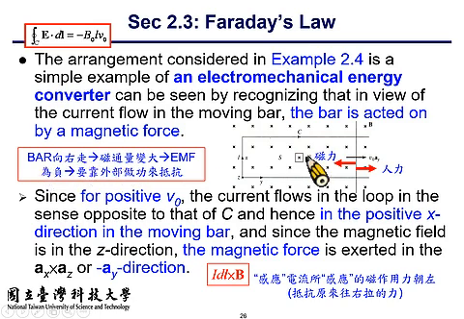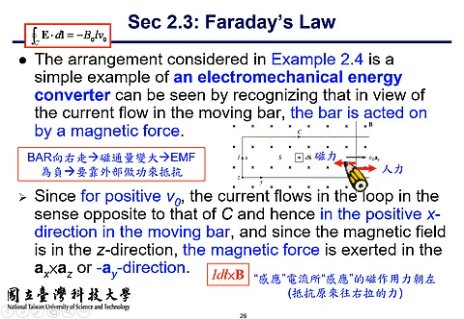Because the bar is moving to the right, you have more magnetic flux enclosed by this loop. The EMF is a negative value, which produces a current flowing counterclockwise. And the current in this background environment will produce a magnetic force using the Biot-Savart law.